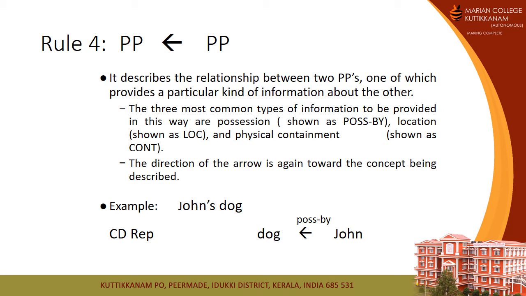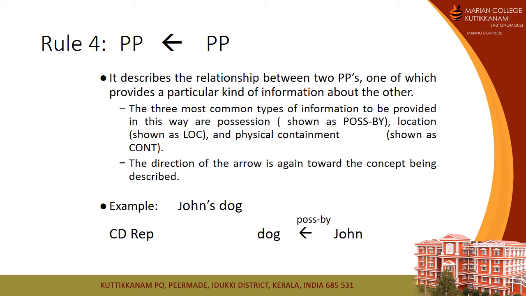The direction of the arrow is again towards the concept being described. For example, John's dog. It is represented as John is a picture producer, dog is again a picture producer, but it gives information about the dog, who is the owner of the dog.